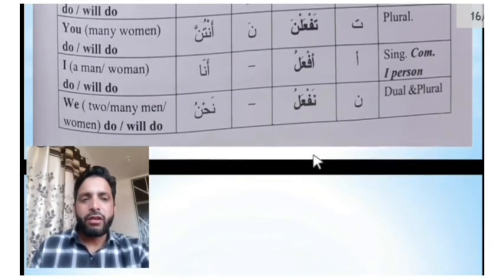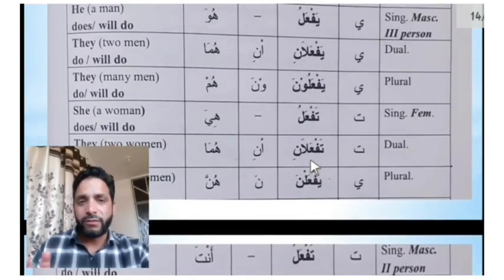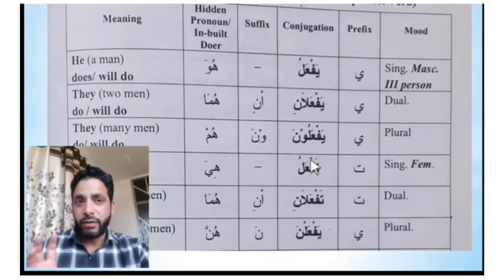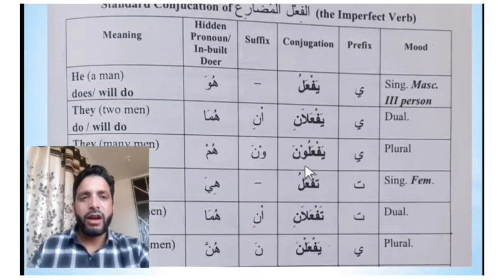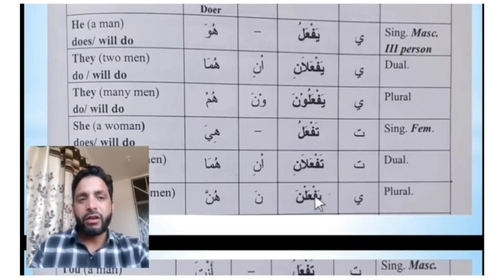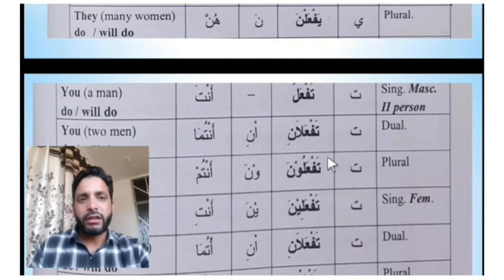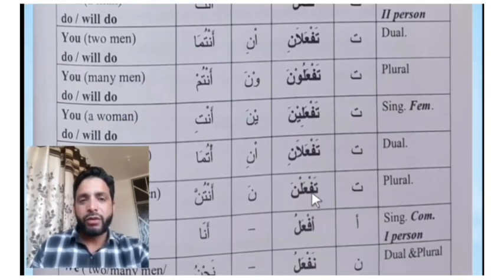So this was the standard conjugation of fi'l mudhari, and here we have 14 forms of a verb in conjugation of fi'l mudhari. The first three are used for third person masculine, the second three are used for third person feminine, the third three are used for second person masculine, and these three are used for second person feminine.